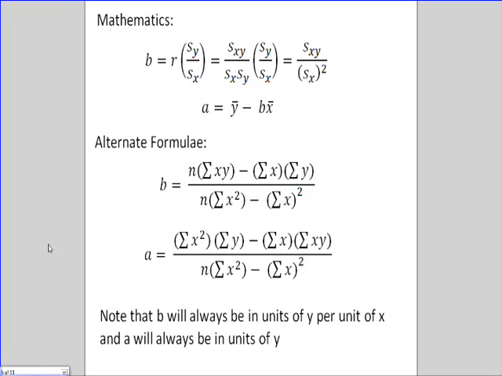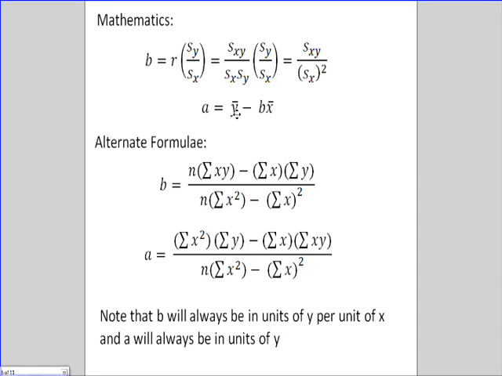So, we can estimate b as r, the correlation coefficient, times the standard deviation of y divided by the standard deviation of x. This is equivalent to the covariance of x and y divided by the square of the standard deviation of x, or the variance of x.